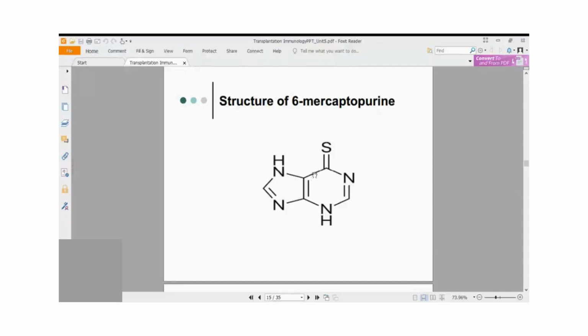On administering this, you know that the T cells or B cells that are proliferating because of their activation by the antigens will be inhibited from proliferation, because those proliferating cells will be attacked at the stage of DNA replication or transcription. There are other mechanisms of action of this azathioprine. Please remember, when I'm talking about proliferating cells, it need not be only immune cells.